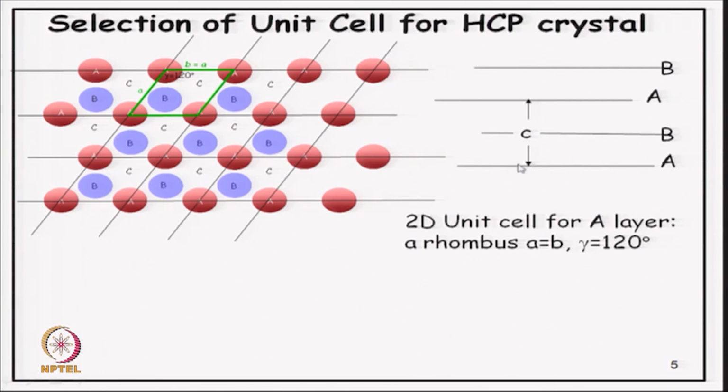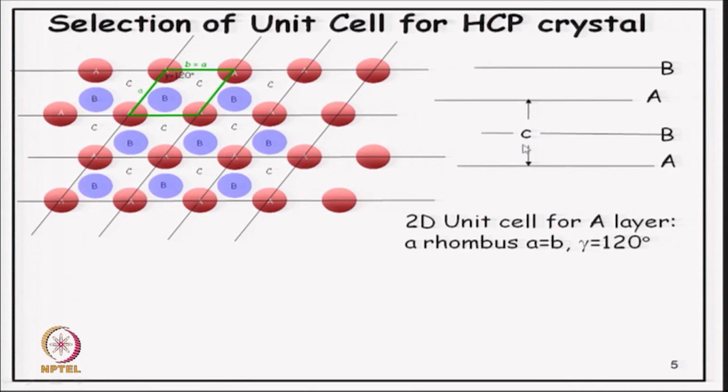So, I can go vertically from an atom in the A layer to the next A layer to find another equivalent lattice point there. So, the third direction is perpendicular to the A layer and goes from one A layer to the neighboring A layer, crossing the B layer.